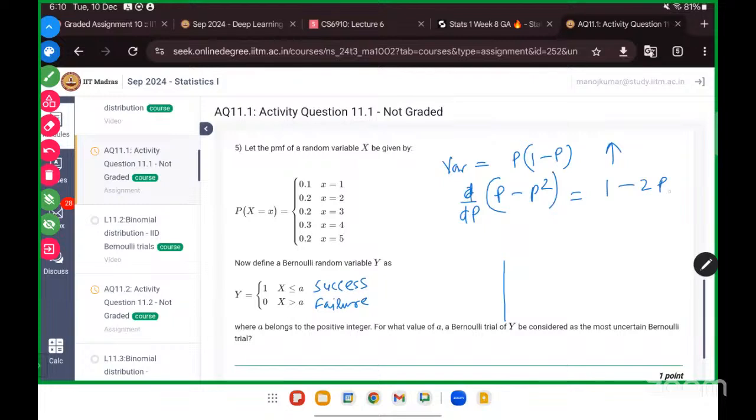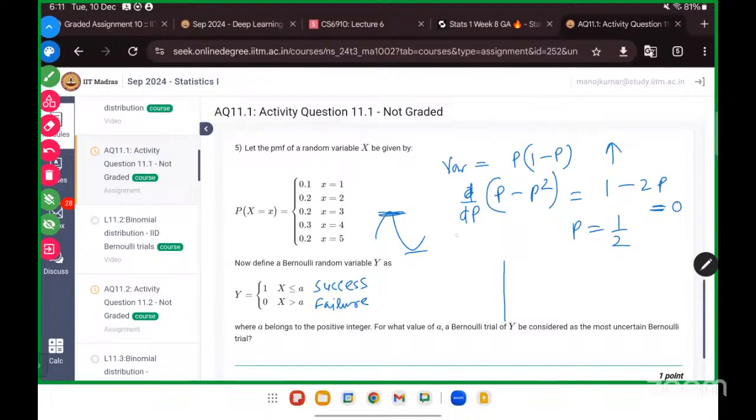To get a maxima or minima, you set it to 0, and from this you get p equal to 1 by 2. So when p is half, the variance will be highest.